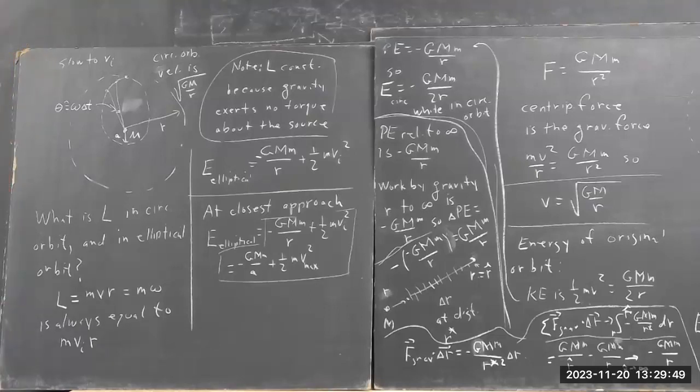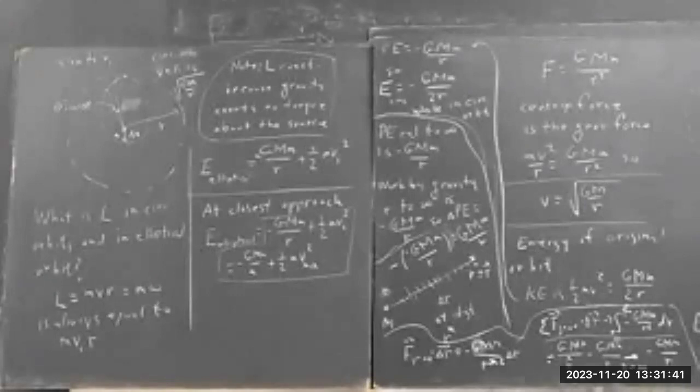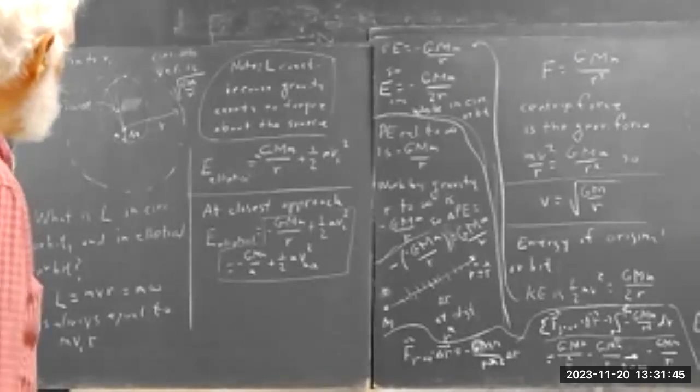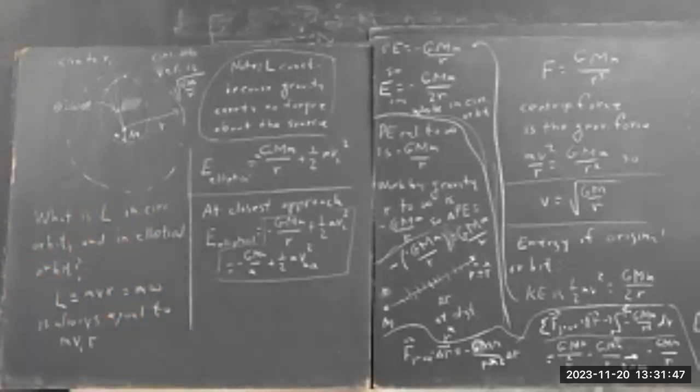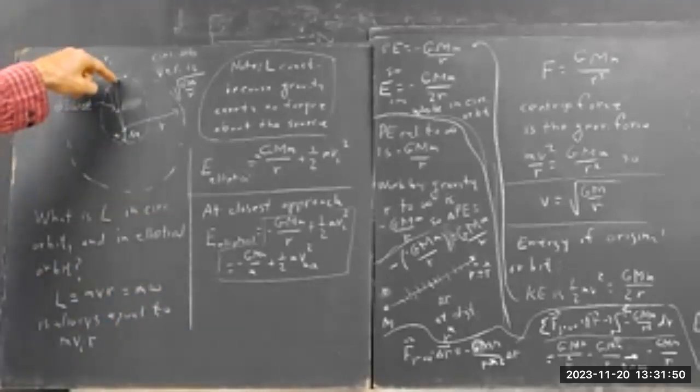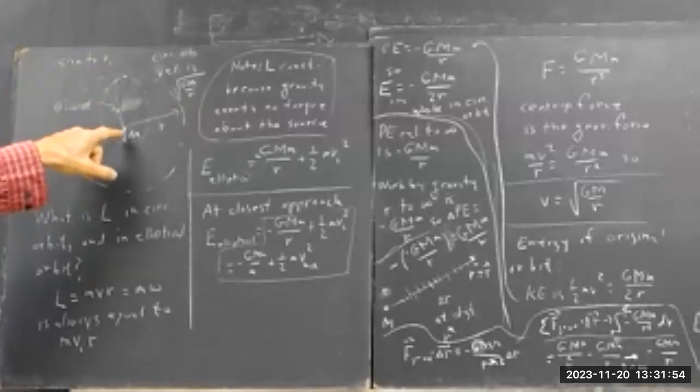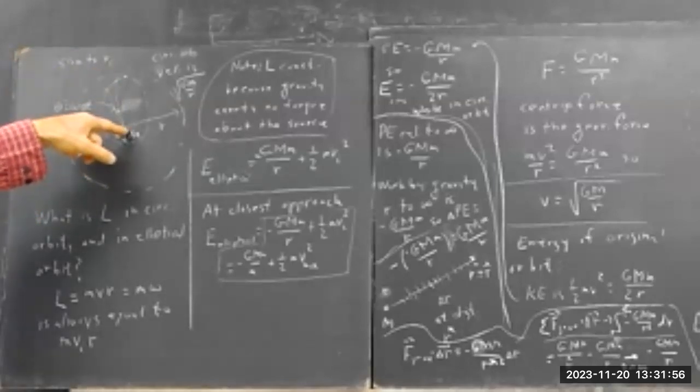Can anybody find another equation from something that's on the board staring at you? Okay, well, the other thing is, again, just from the principle again, that you can't exert a torque with a gravitational force. You can't exert a torque about the point source.